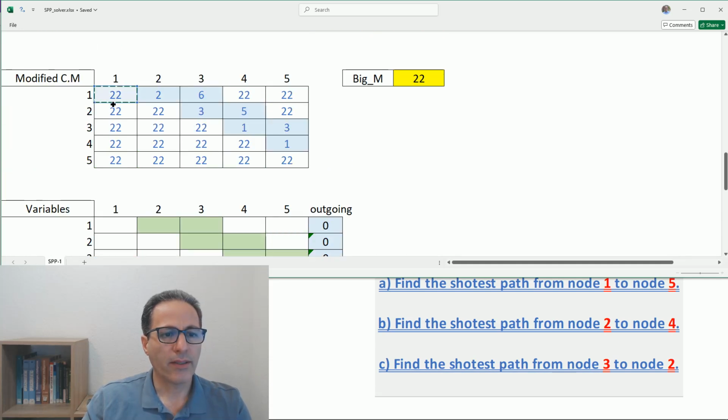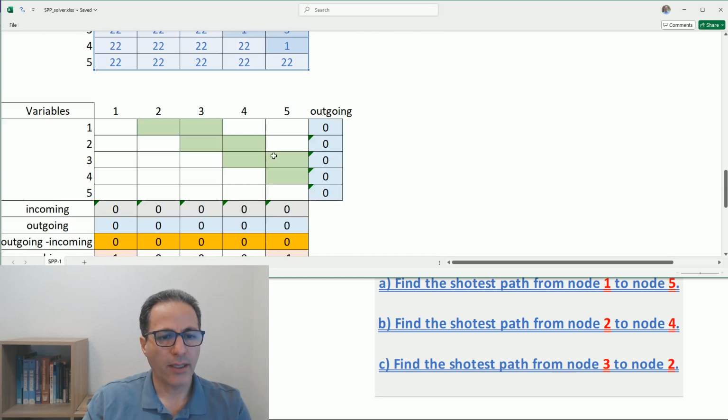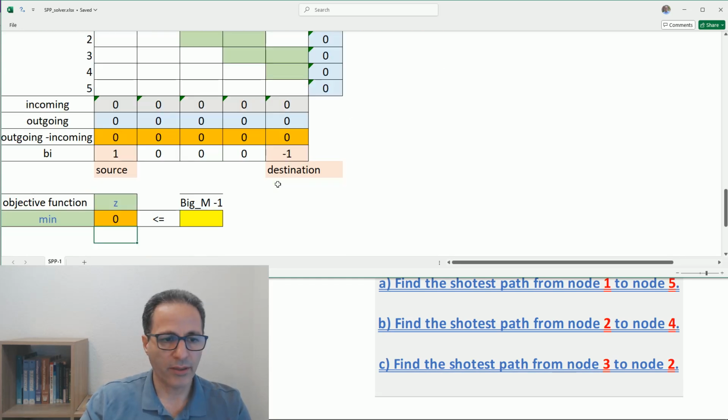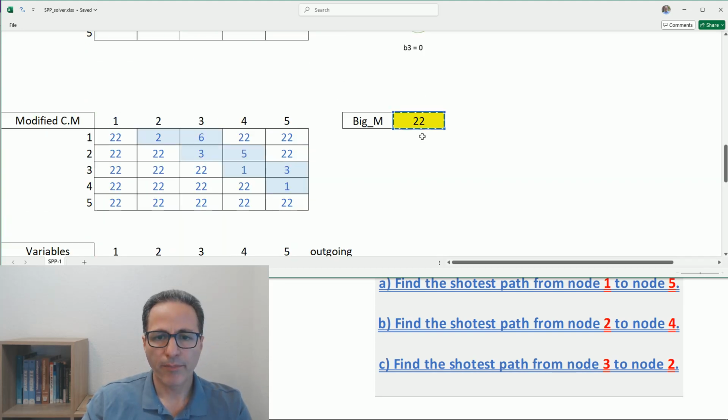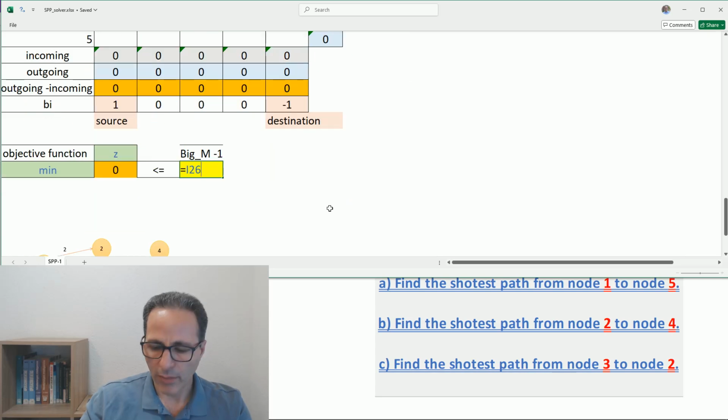So modified Cij's are here with Xij's, which are here. This is our objective. For now it is 0 because all Xij's are 0. And here also we write equal to whatever we found in big M minus 1.